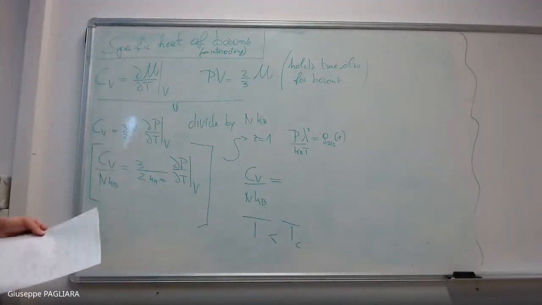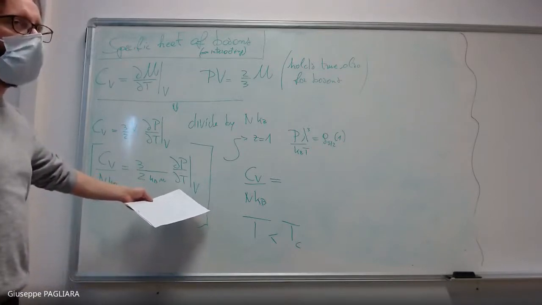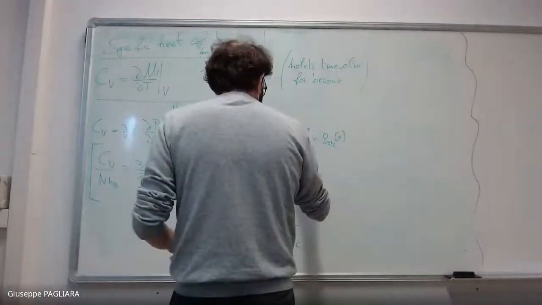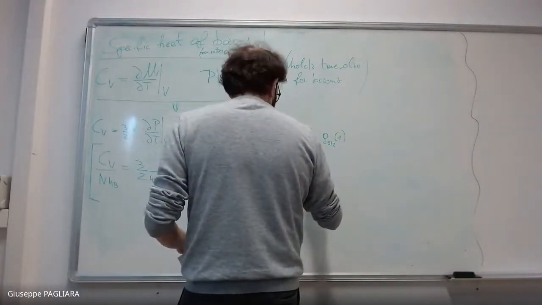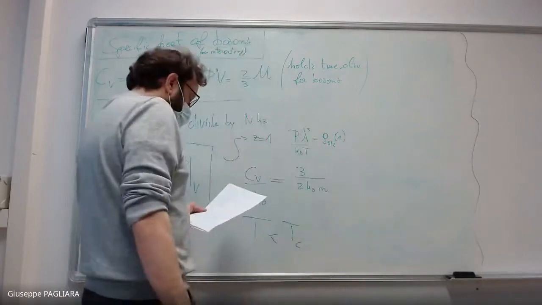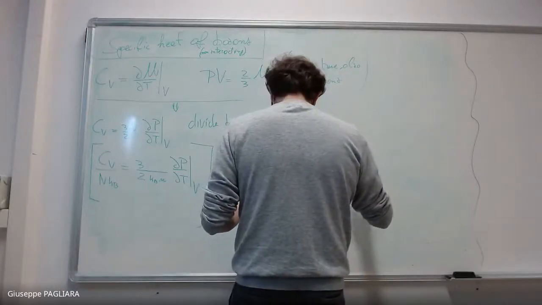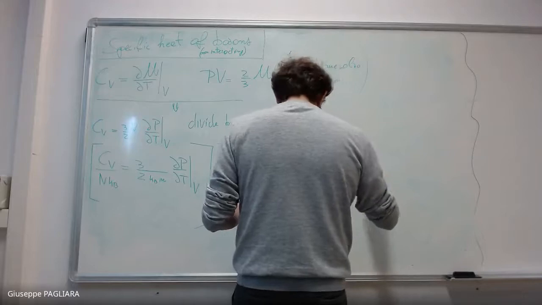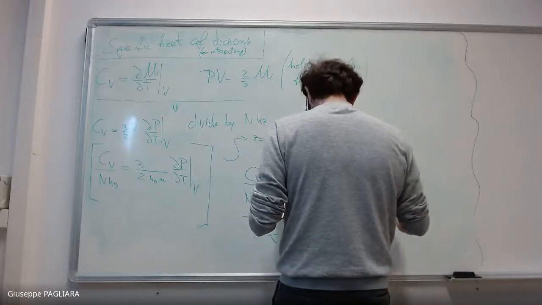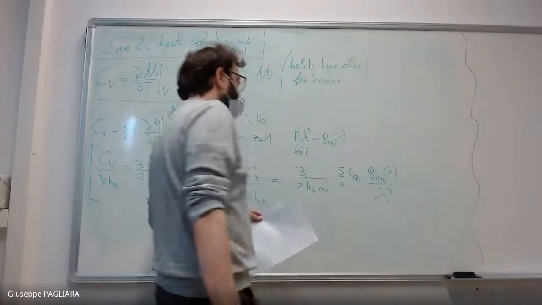For T less than Tc, I can just repeat the derivative that I did before for the Clapeyron equation, and I will get 3/2 kB N, and the derivative was 5/2 kB g 5/2 of 1 divided by lambda cubed.